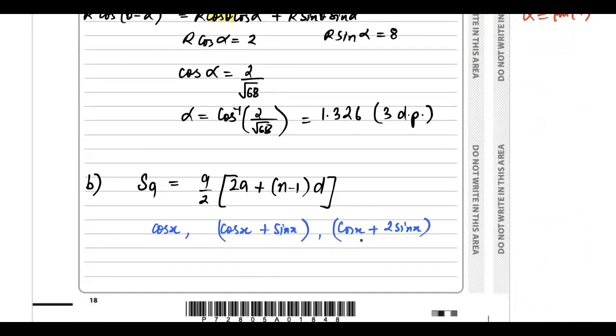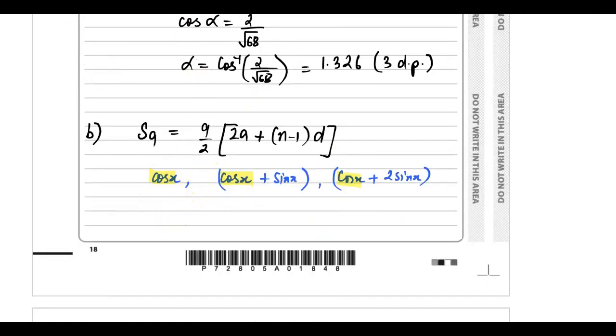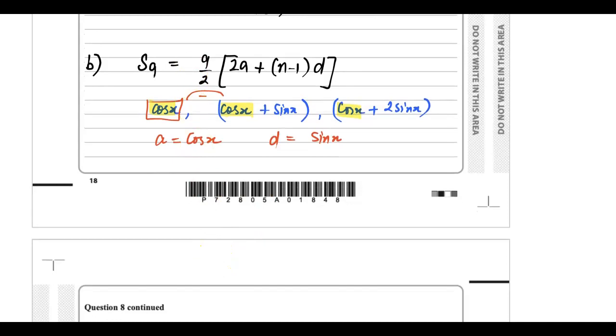So cos x is common, and sin x starts from here. Let's try finding out a. So a is cos x, and d, if you subtract these two, the difference would be sin x. Hope that makes sense. The first term is a.